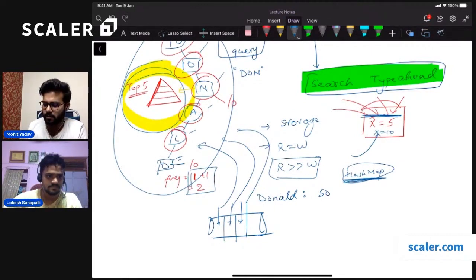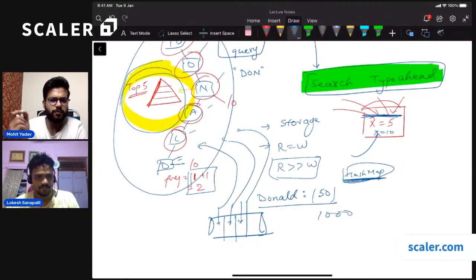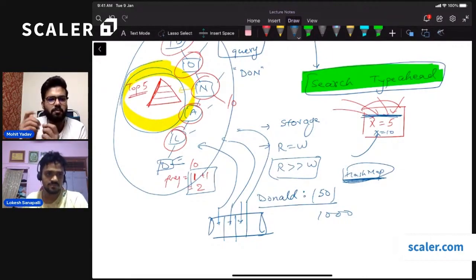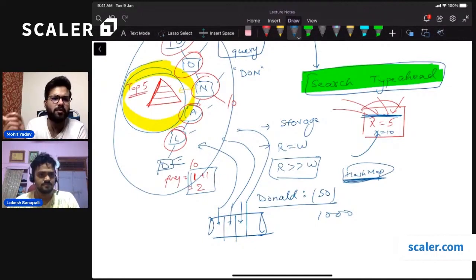Our criteria could be that we only update once my frequency reaches beyond 1,000. For a billion search queries, 1,000 is a very small number, so I can afford to have an error margin of 1,000. It need not be a very accurate margin.